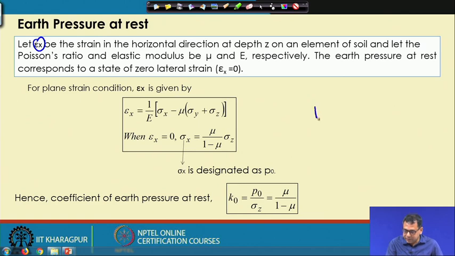If this is the element, we have a strain in the horizontal direction, and let the Poisson ratio and the elastic modulus be mu and E. Then the earth pressure at rest corresponds to zero lateral strain.